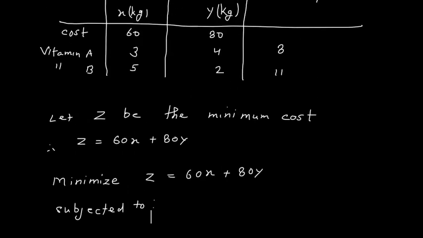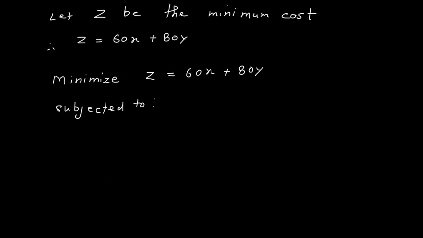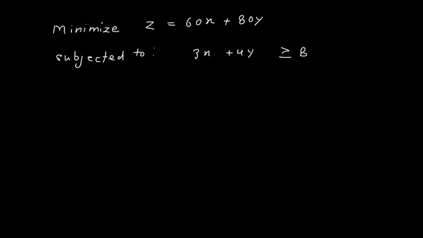One is that 3x plus 4y should be greater than or equal to 8. Then we have 5x plus 2y should be greater than or equal to 11, and x and y both should be non-negative, that means both should be greater than or equal to 0. So this is our mathematical formulation. Now in our last exercise we have solved the problems when the mathematical formulation is already given.